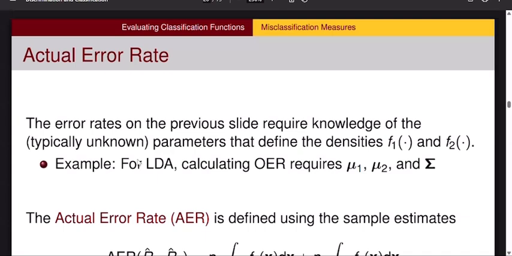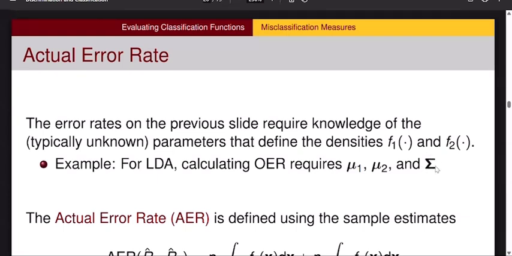If you are using the LDA, for instance, don't forget what I mean by LDA: linear discriminant analysis. We use linear discriminant analysis when the covariance structure of the two classes we want to compare is assumed to be the same. That is why you see this equality here.